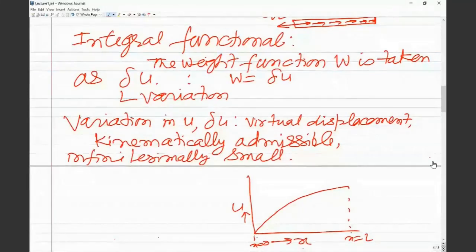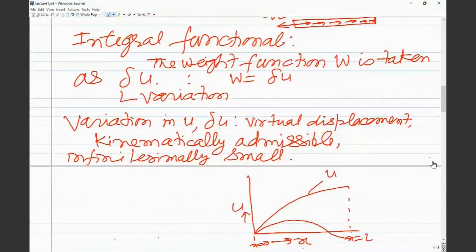The variation is going to be a function of x. As you know, weight function w is a function of x, and also the variation in u, that is delta u, is a function of x. So the variation in u is 0 at x equal to 0, and then it can have some variation because at x equal to L, u is not specified, so the variation in u can be any non-zero value, as you see here.